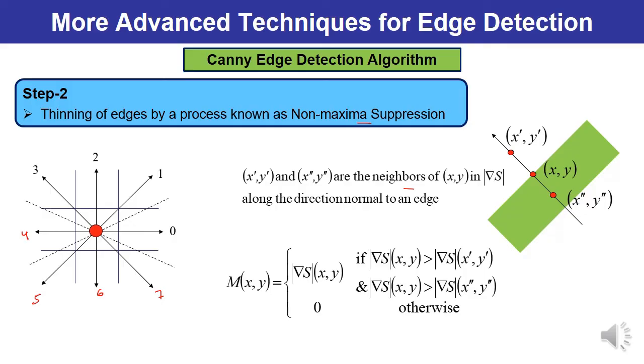If it is greater than both the points, then it can be considered as an edge, otherwise it is 0. This is how the non-maxima suppression operation is performed. If the magnitudes are not as required, that particular value is suppressed.